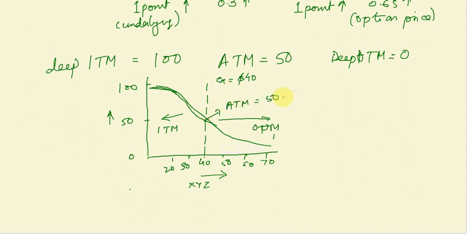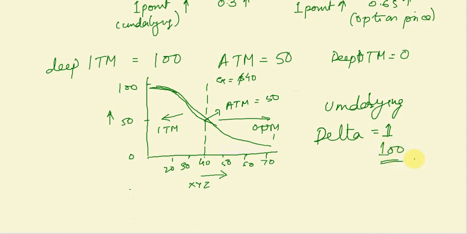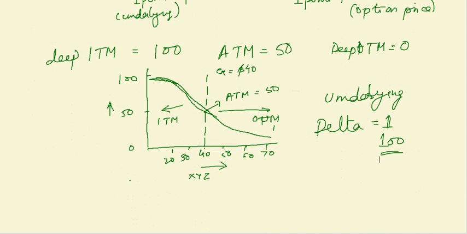So this is how we interpret a delta. And just remember that for an underlying, the delta is 1, or if expressed in terms of decimals, it is 100. These are some of the things that we know about delta.